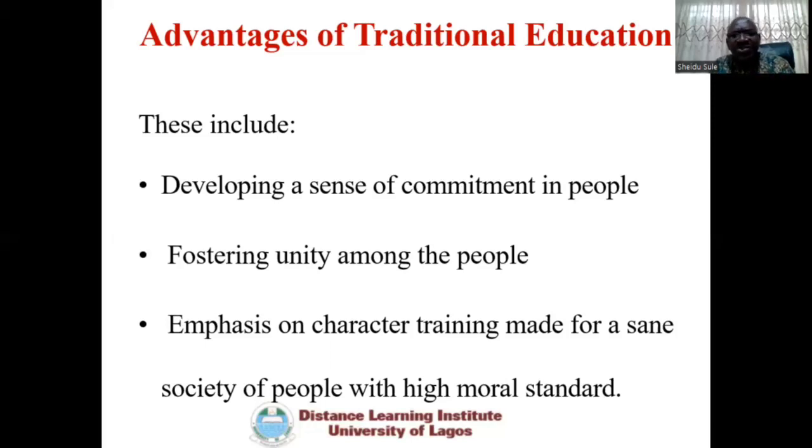Emphasis on character training made for a sane society of people with high moral standards.